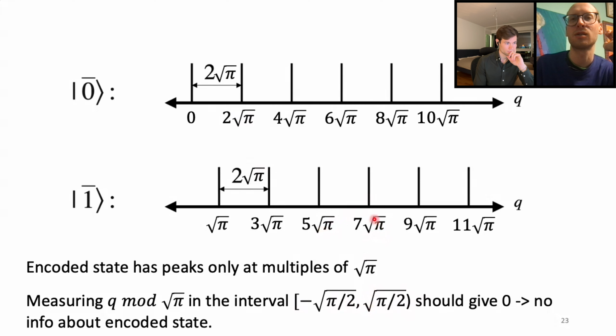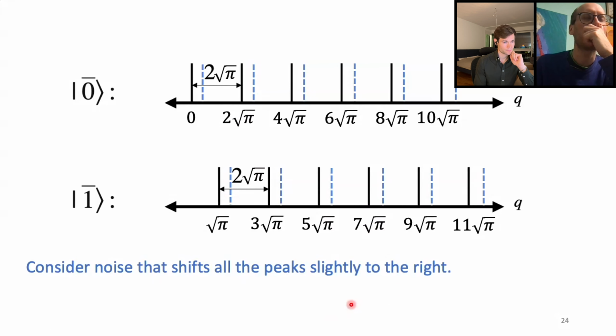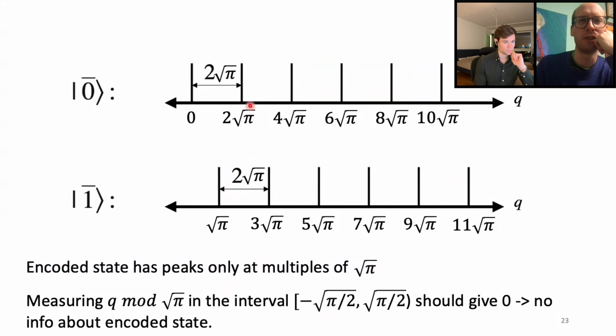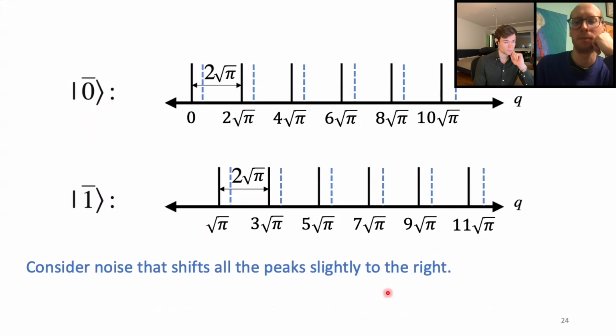If you take 7 square root of pi and keep subtracting square root of pi until you are in this interval, you will hit 0. That was what I meant by saying it doesn't reveal the logical information: if you measure this state and this state, that outcome will always be 0.